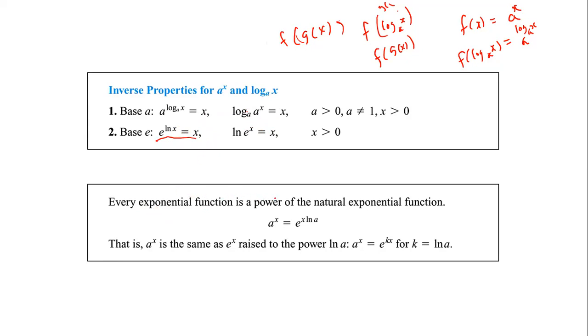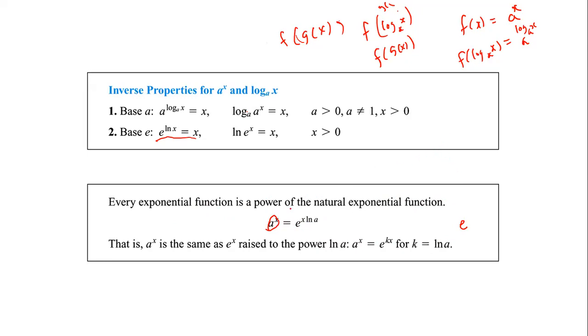Every exponential function is a power of the natural exponential function. One more time: every exponential function. This is the exponential function, right? It's a power of the natural exponential function, the natural e. So a to the x should be what?